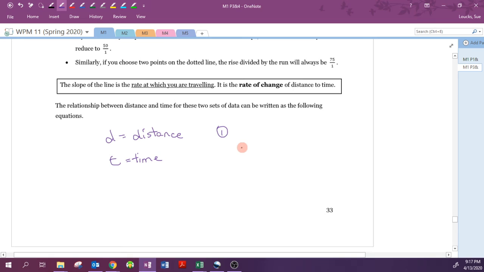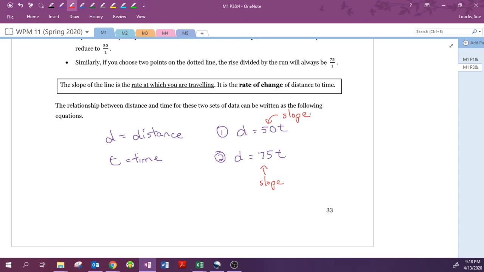So equation 1, distance equals 50 times time. And for equation 2, distance equals 75 times time. And this is the slope. And this is the slope. Okay, so the slope of your equation, of your graph, is your rate of change.